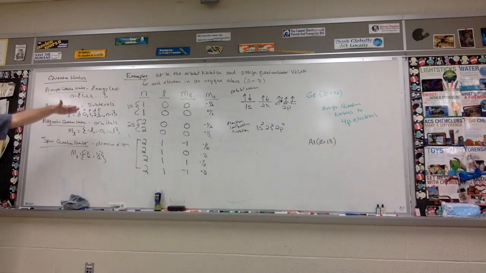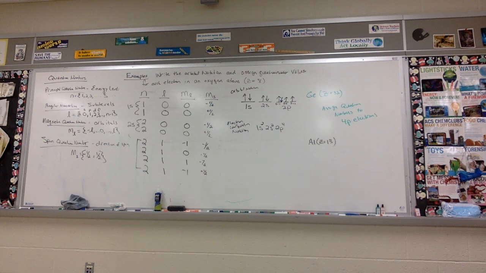Now, you can kind of just pick up where you left off, right? Because the first 8 electrons of aluminum are going to have to be the same. Because you always start at the lowest and work your way up. Well, we didn't fill up the 2p yet. Oxygen just didn't have enough electrons to fill it up.